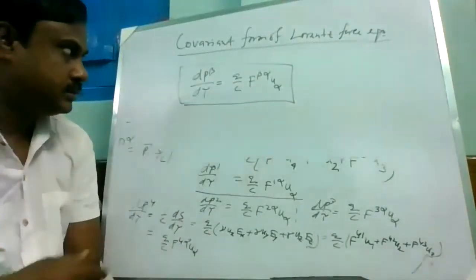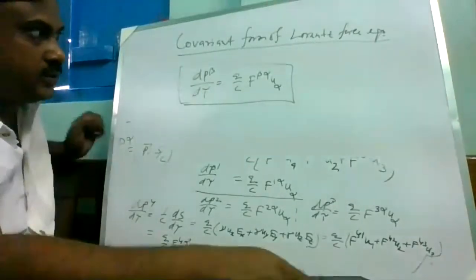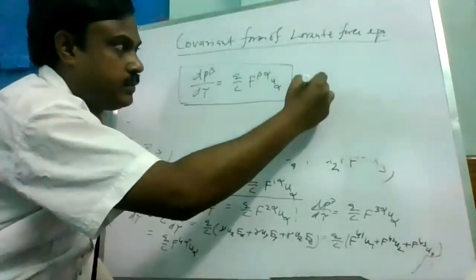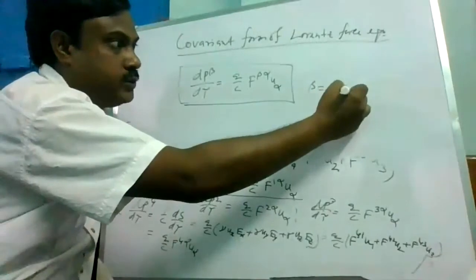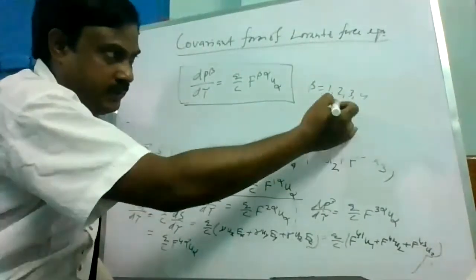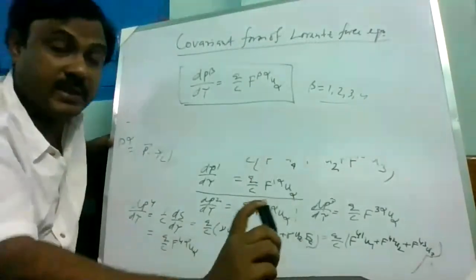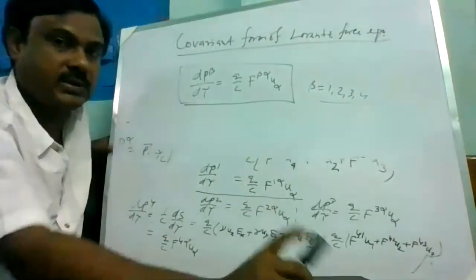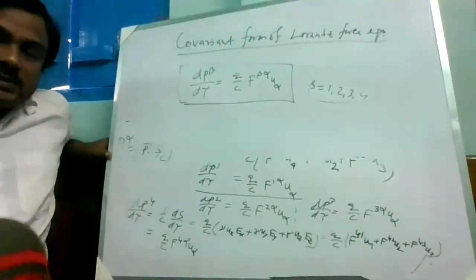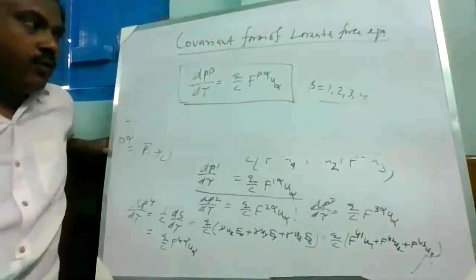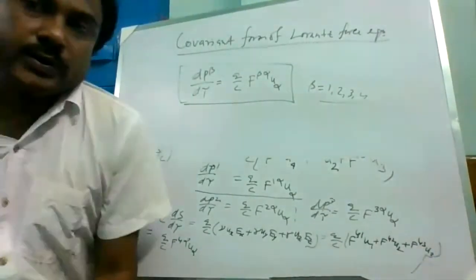We have beta equals 1, 2, 3, 4. For beta equals 1, 2, 3, we get the Lorentz force equation, and for beta equals 4, we get the energy equation. These four equations constitute the covariant formulation of the Lorentz force equation.